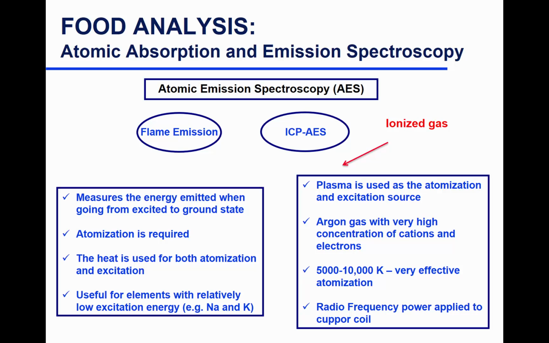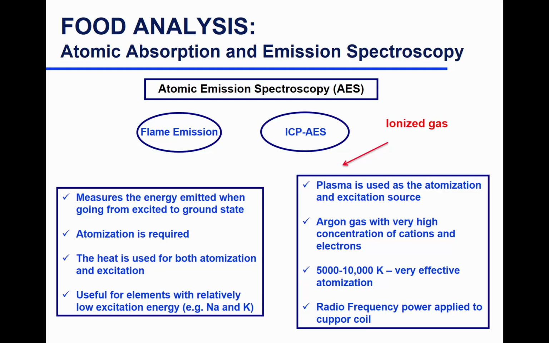So you would have electrons, negatively charged electrons, and argon ions, and you have less than 1% of non-ionized argon gas. It heats up once the radiation hits it. It heats up pretty fast to really high temperature, resulting in vaporization and excitation at the same time.